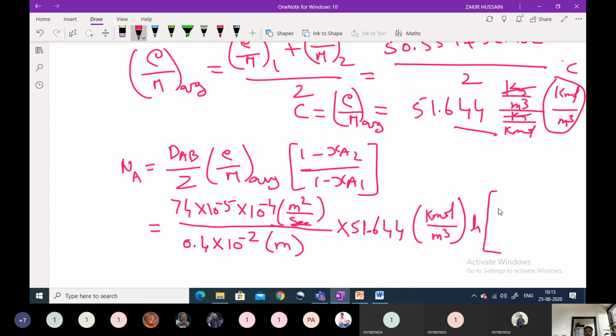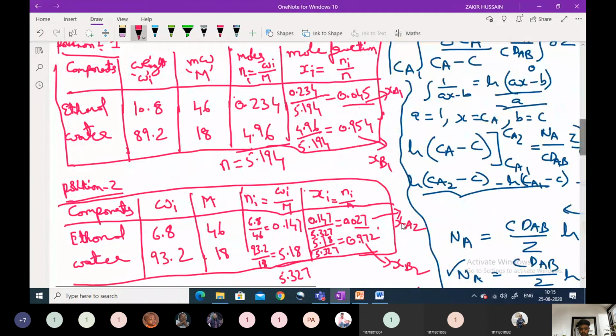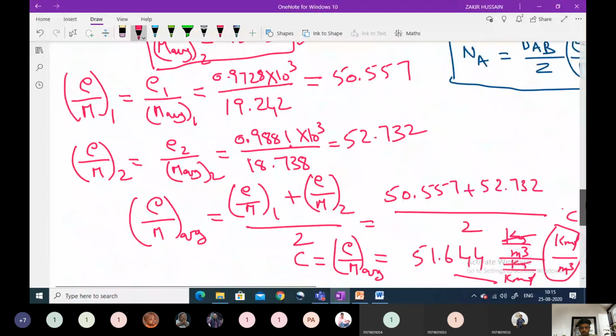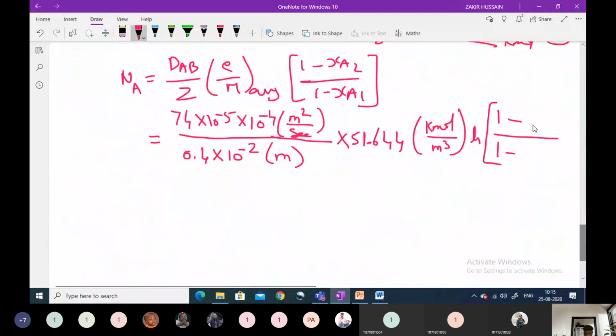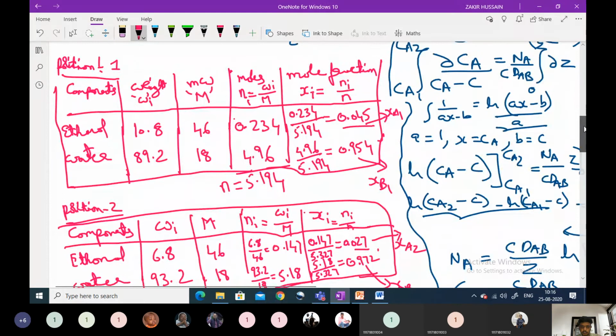Then ln of 1 minus xa2 by 1 minus xa1. xa1 and xa2 we calculated in the table itself: xa2 is 0.027 and xa1 is 0.045. Yes, it is correct.